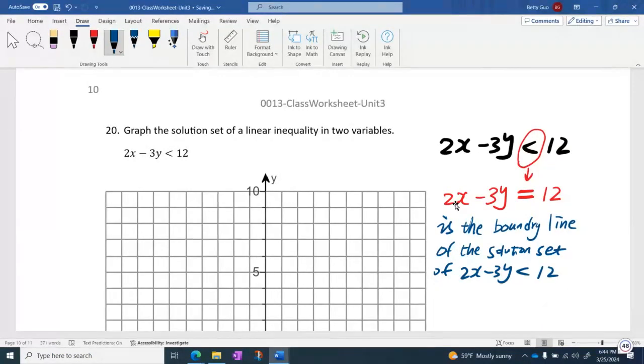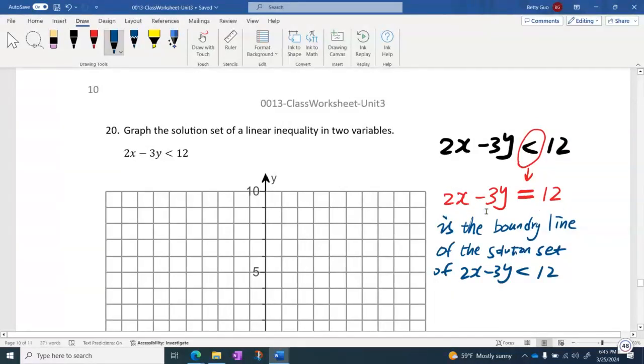A lot of information here. First thing, what is a linear inequality in two variables? How do we know a given inequality is a linear inequality in two variables? It's very easy to check. You remove the inequality symbol and replace it with an equal sign. If you get a straight line, then the original given inequality is a linear inequality in two variables.